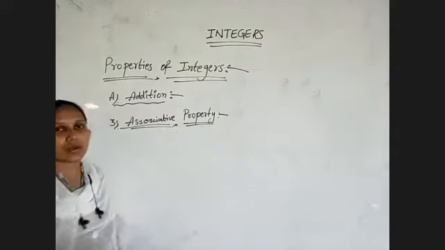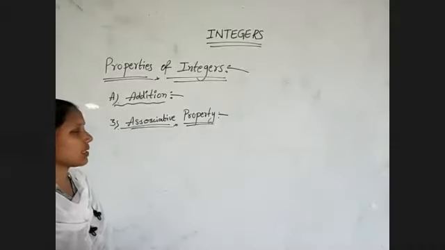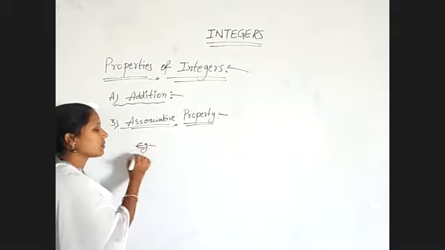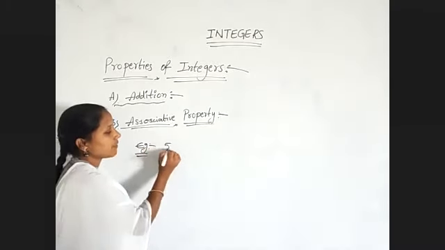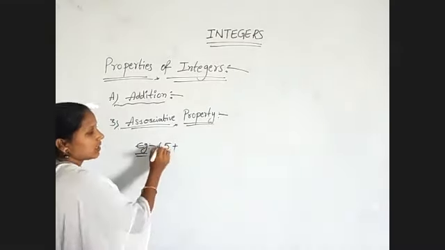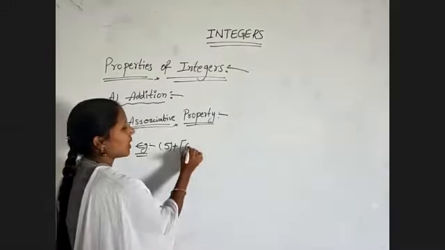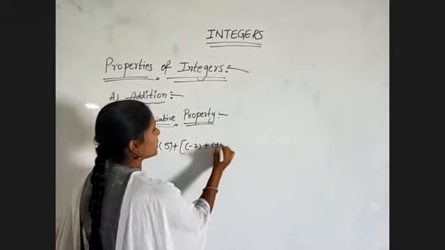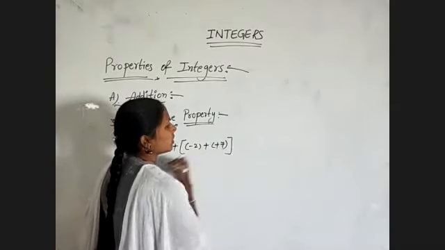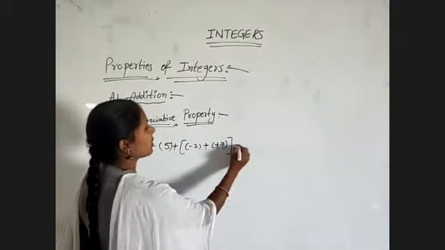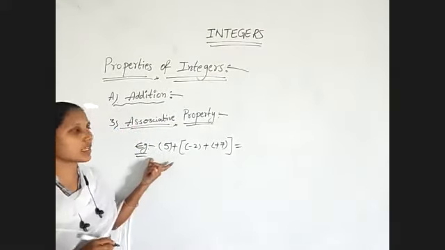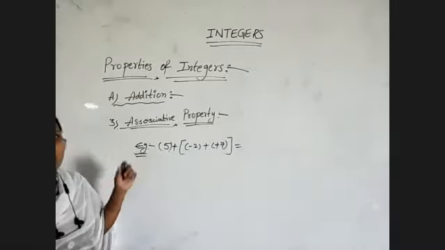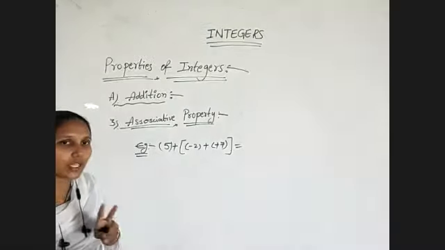What is the associative property statement? We will see first with an example, and I will explain it so you will understand in a very simple way. Suppose I have taken 3 integers, that is my wish. I am taking -2 plus, plus 7. Like this I have taken. Now I am checking what the result of this is. According to the associative property, in the commutative property we have used only 2 numbers.